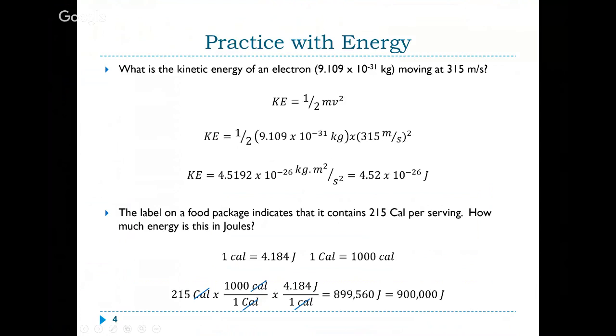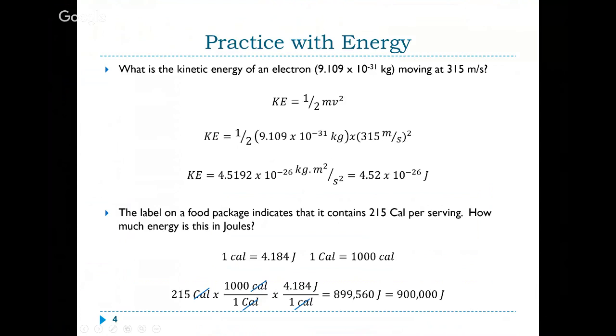Multiplying by our speed squared, we get a value in terms of kilograms meters squared per second squared. We know that there are 3 sig figs here, so there should be 3 significant figures in our answer. So we can round 4.5192 to 4.52 times 10 to the negative 26 joules, because 1 kilogram meters squared per second squared is a joule. So not a lot of energy.